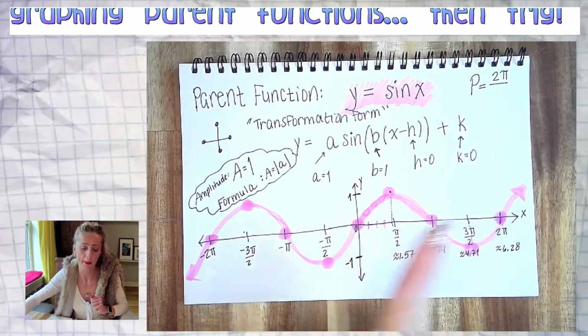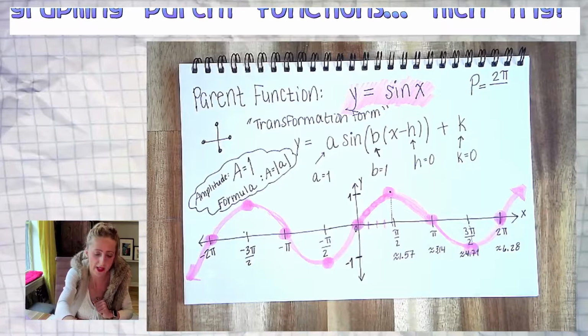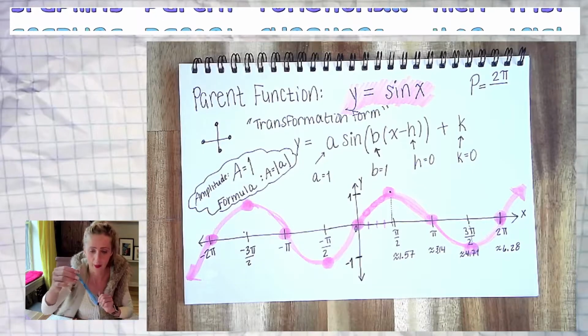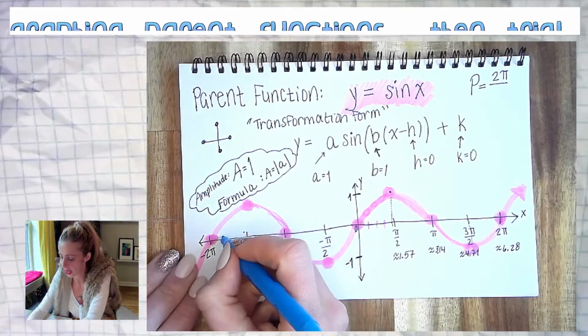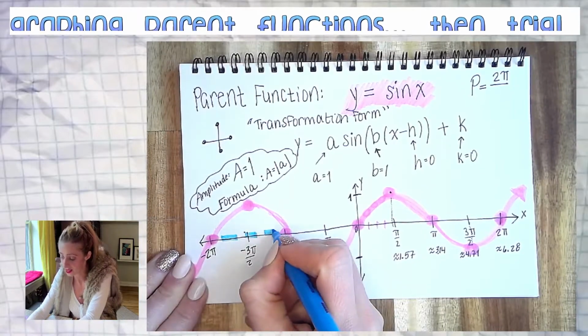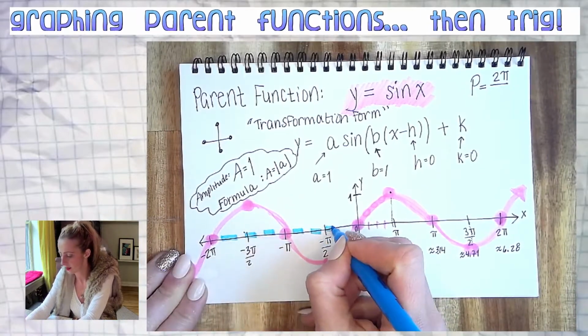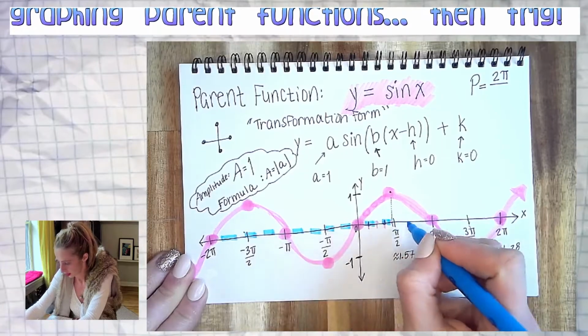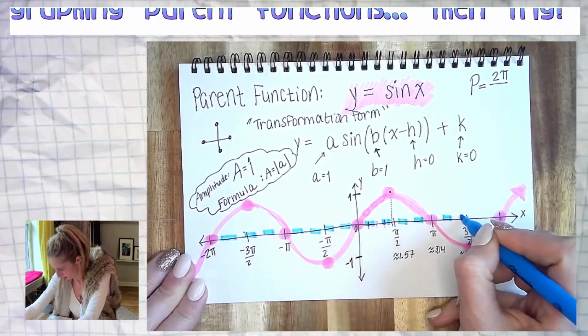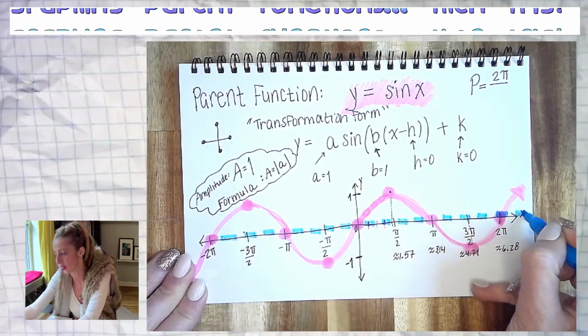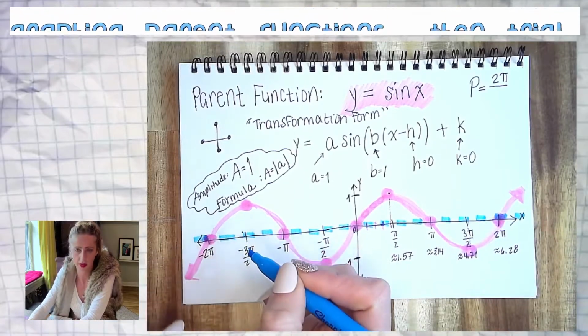Does anybody remember what the word is to describe this dashed line? There was a fancy word, and then a less fancy word. Even if you say it wrong and sound silly saying it, it's okay.